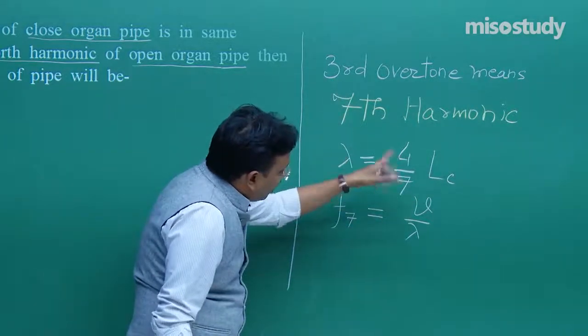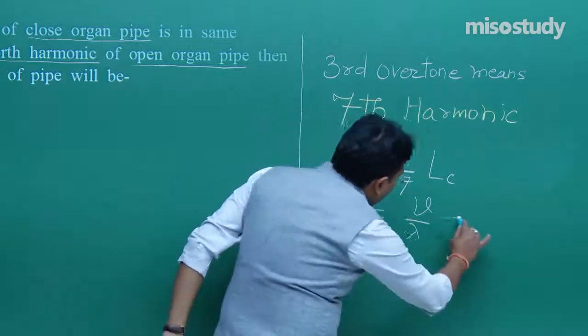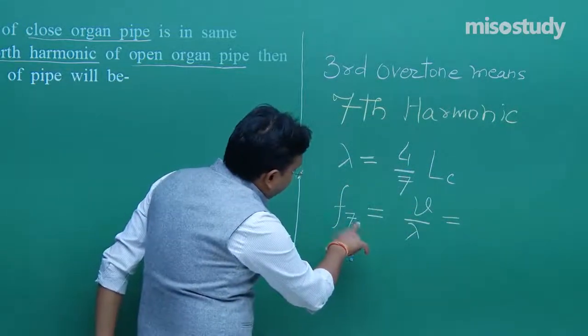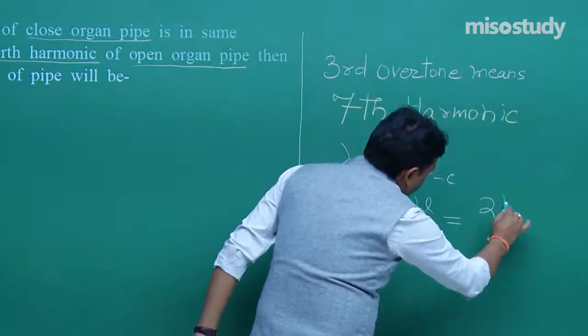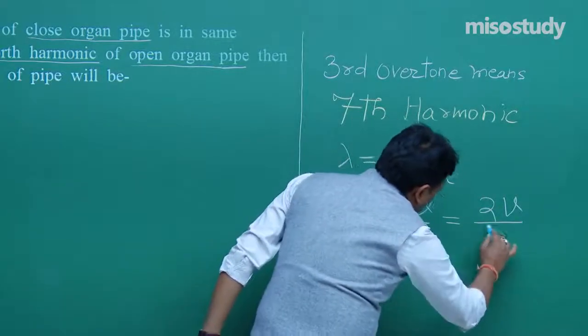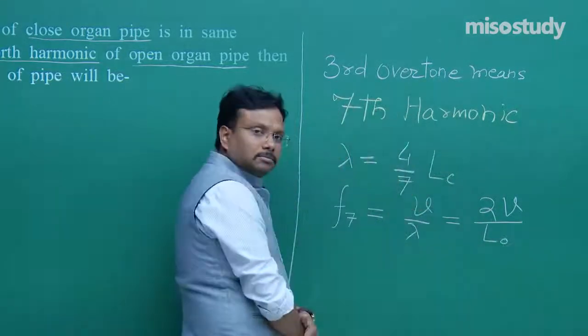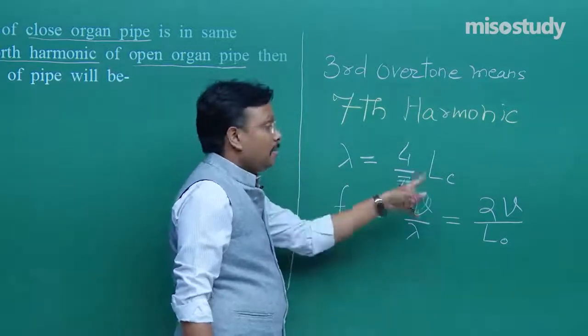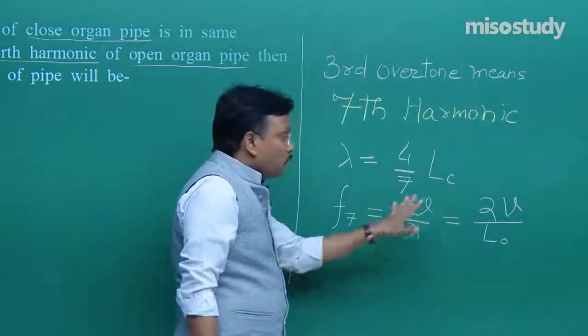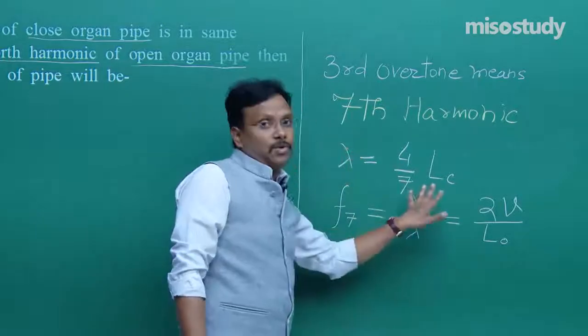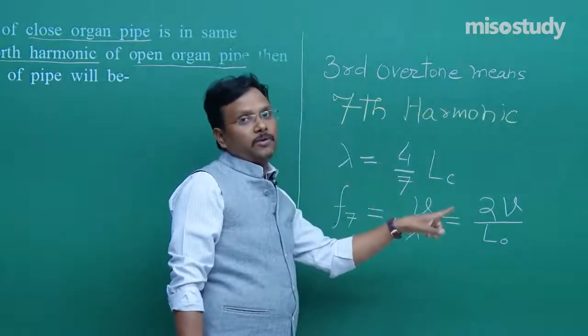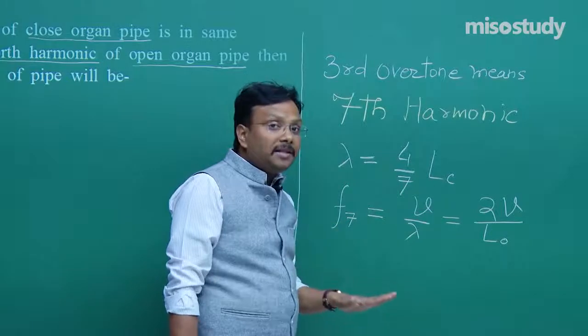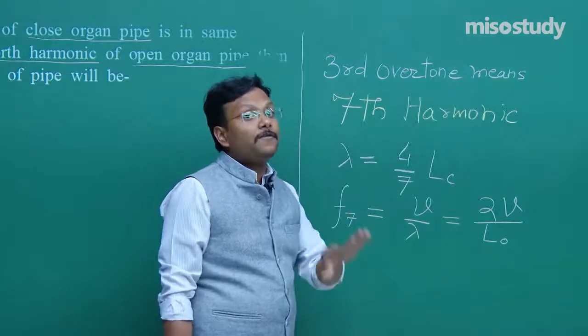Now, replace this value. So, simply I can write it down, F7 is equal to 7V upon 4LC. All these terms I am deliberately explaining so that I may force you to re-watch those videos, and by that way you can attain some sort of surety.